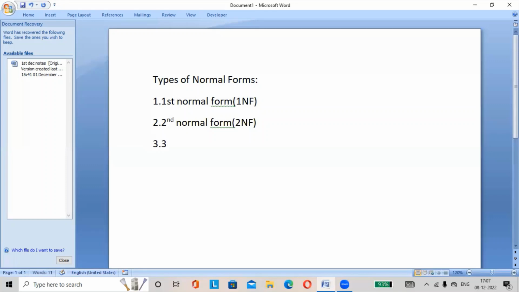Then third normal form, also known as 3NF.